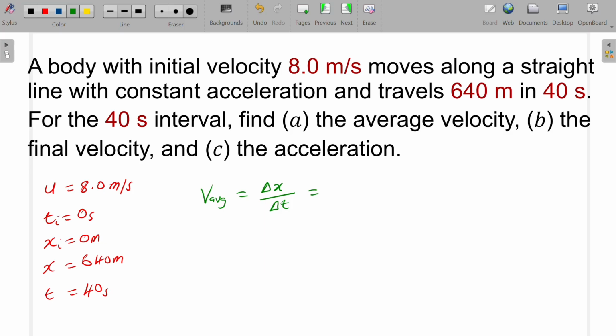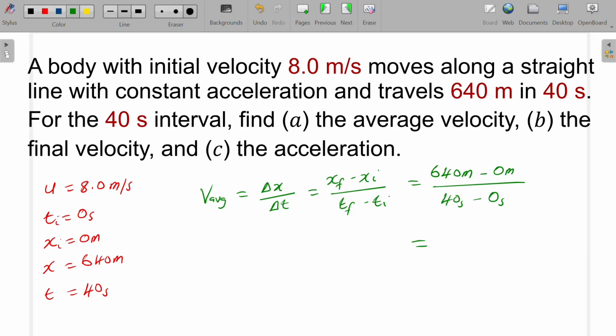So replacing with what we have, we have change in position, which is x final minus x initial, and down here change in time, which is t final minus t initial. Getting our information there, our final position is 640 meters, then our initial position is 0 meters. Then this will be divided by our final time, 40 seconds, minus our initial time, which is 0 seconds.